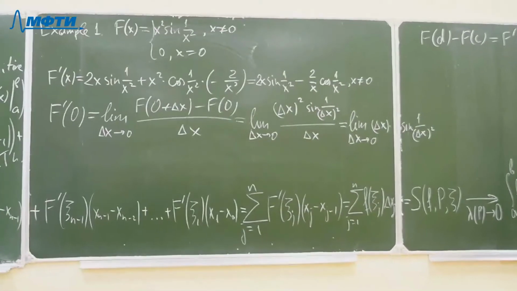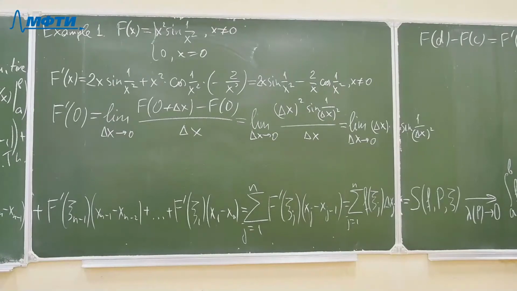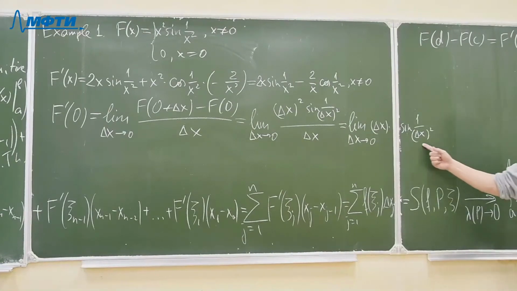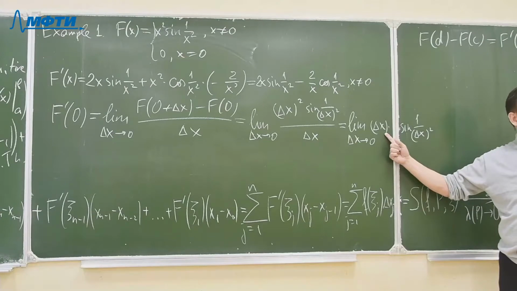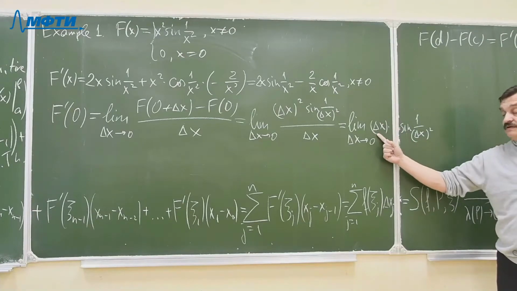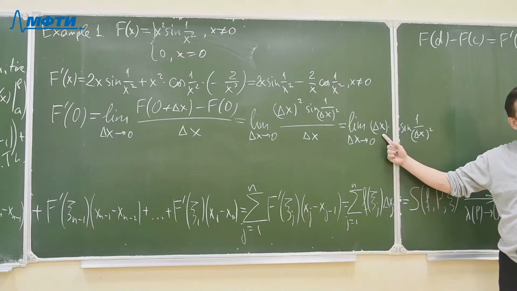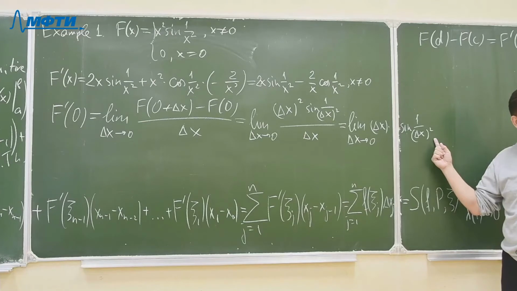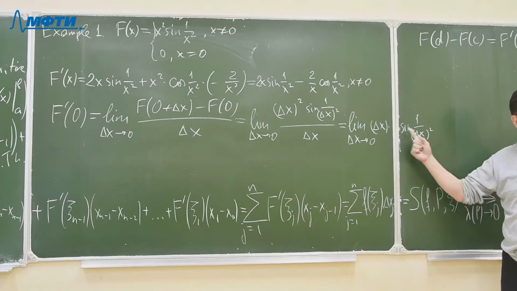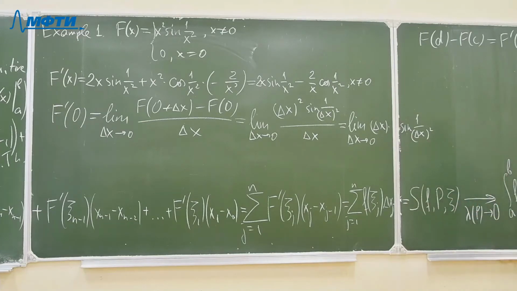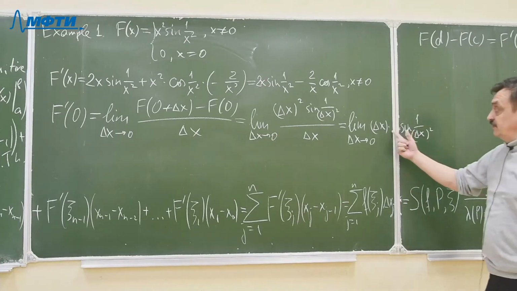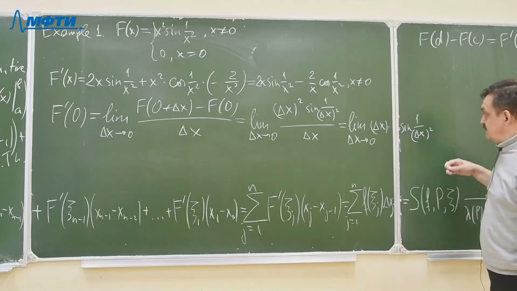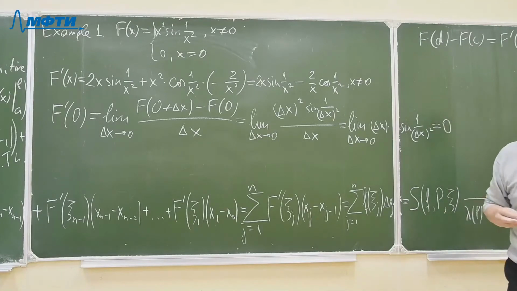And what happens with it? We have an infinitely small expression, right? Infinitely small, and the sine is bounded. So the multiplication of a bounded function by an infinitely small one gives us an infinitely small one. It tends to 0.